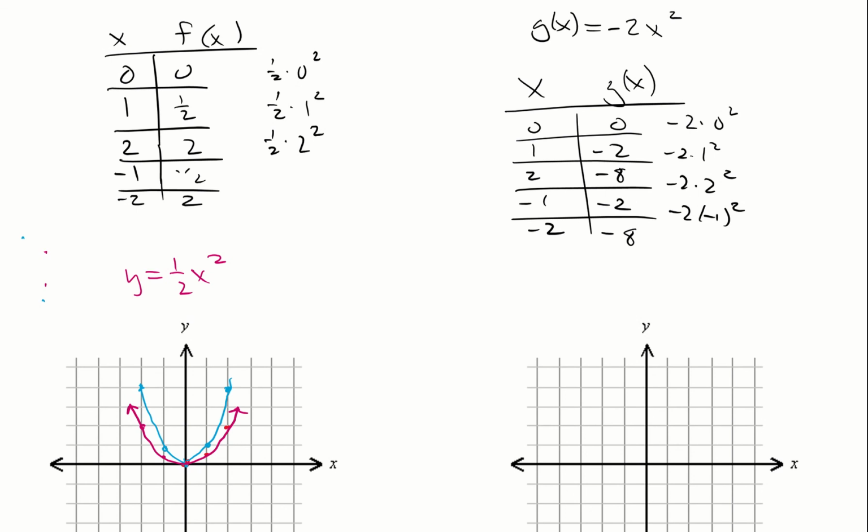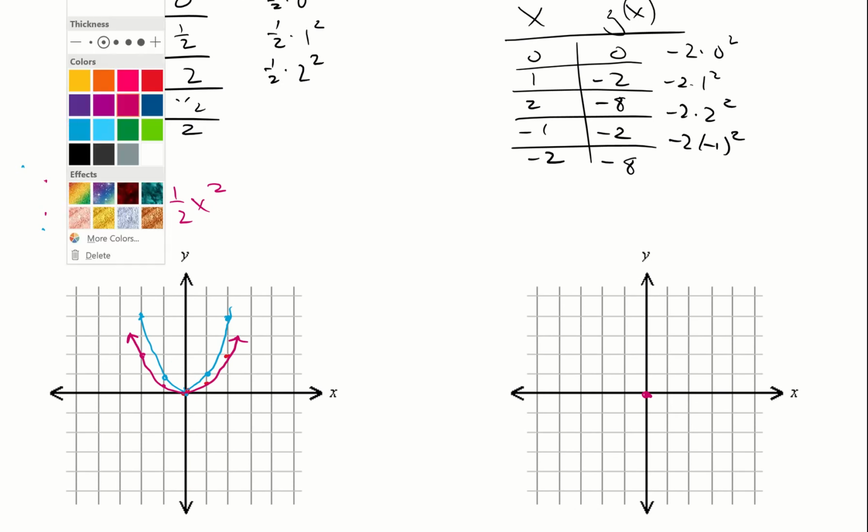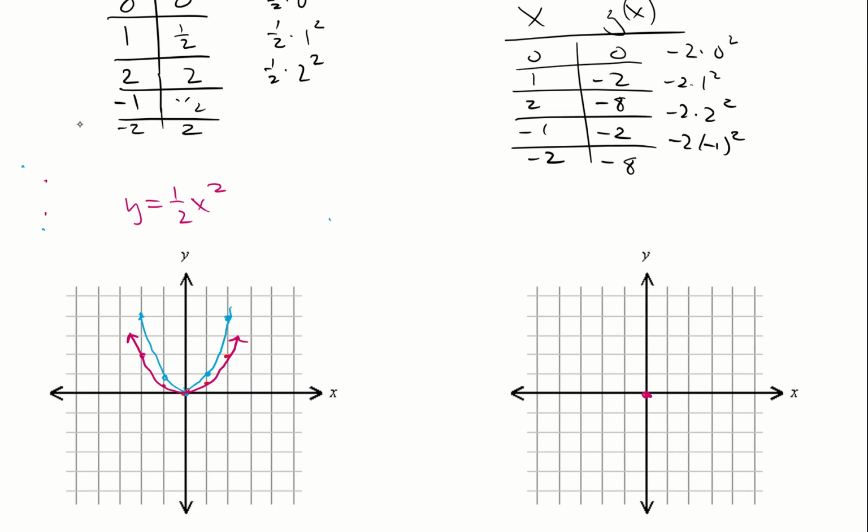Then we go to plotting these points. 0, 0. But look what happens. Let's put the original up there for fun. The original is 1, 1 and 2, 4, remember. So it's cruising this way and this way. That's the original parabola.